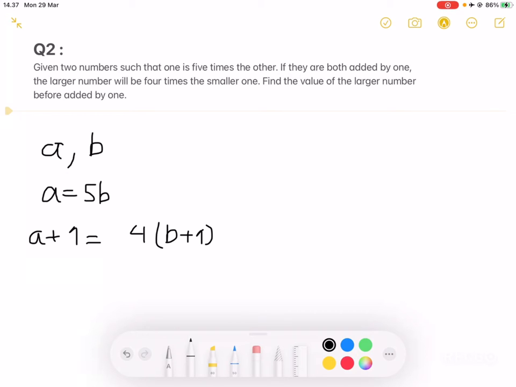We need to find the value of the larger number before added by 1, which is the value of A here. Well, notice that we can just substitute the fact that A equals 5B into this A. So we will get 5B plus 1 equals 4 times B plus 1, where we can just distribute that. We get 4B plus 4.